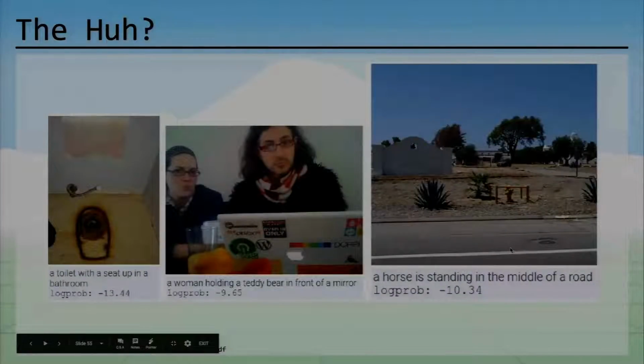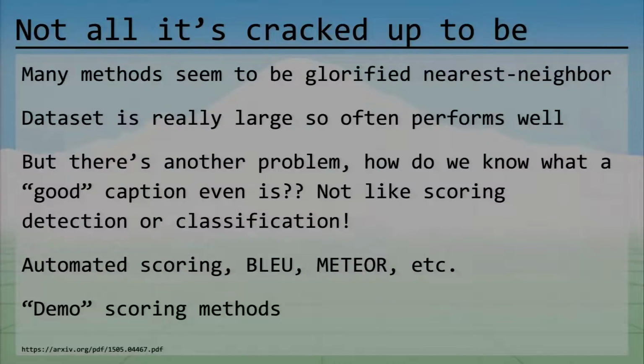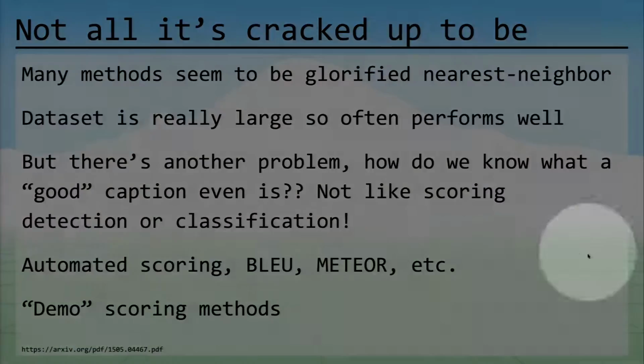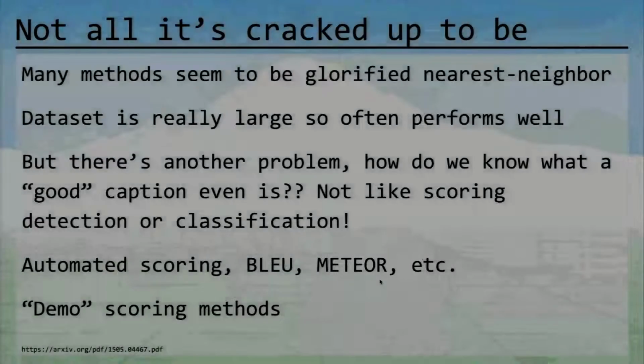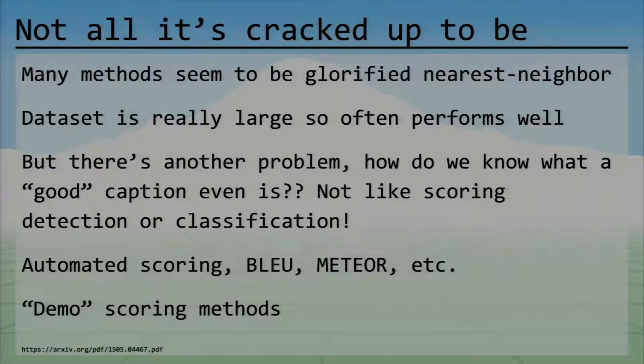But in practice, when we're running these large-scale competitions with tens of thousands of images, it's really hard to get a human to go through and score all of them manually. So we've come up with different automated scoring techniques, like BLEU and METEOR and CIDEr. And in practice, these automated scoring methods have a lot of issues with them as well.